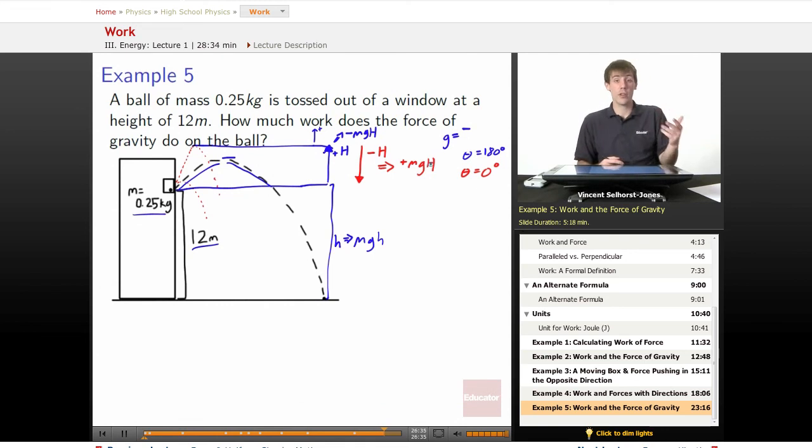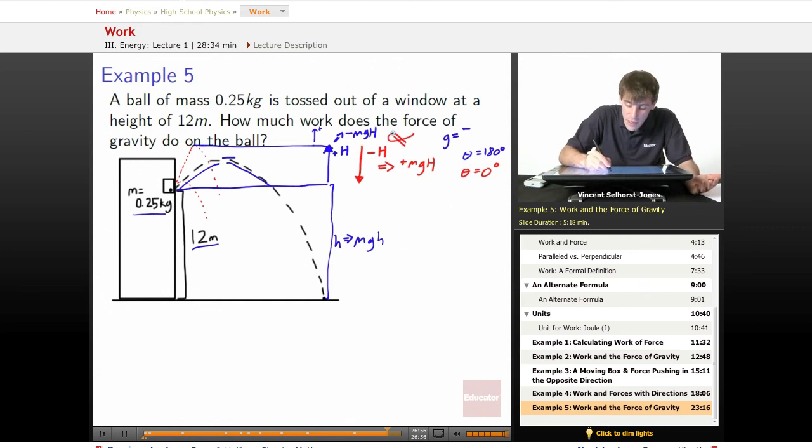But then we have to travel the exact same amount down if we're going to make it to the ground. So that means that the amount that we just lost in work is going to be regained in work. The positive mgH is going to cancel the negative mgH. The two are just going to hit each other and disappear, and these two things just cancel each other out. And in the end, the only thing we're left having to care about is the h that we got right here.